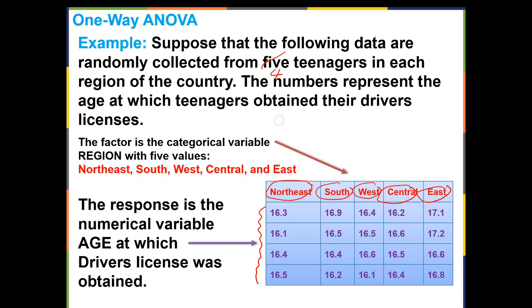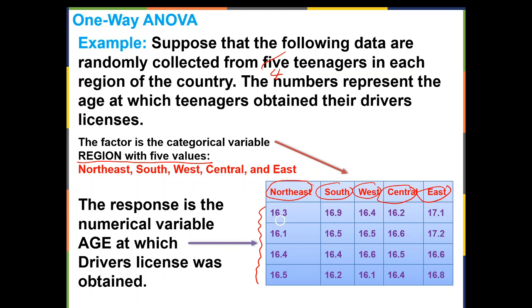So in each region of the country, the numbers represent the age at which teenagers obtain their driver's license, right? So the factor is the categorical variable region with 5 values, and the response is a numerical variable, the age at which the driver's license was obtained, right?